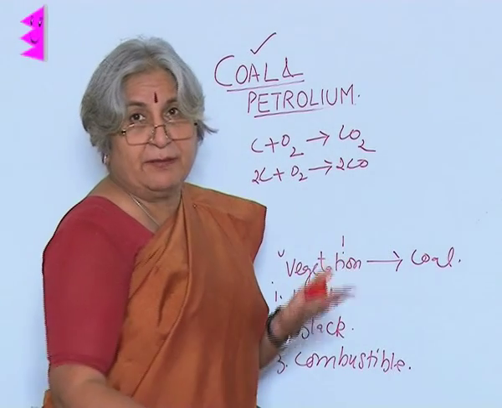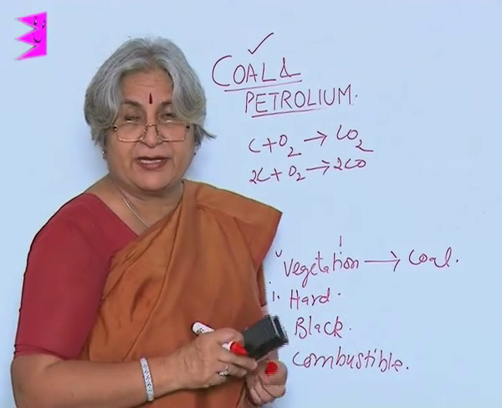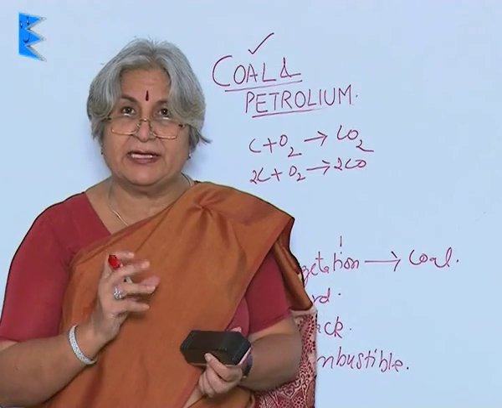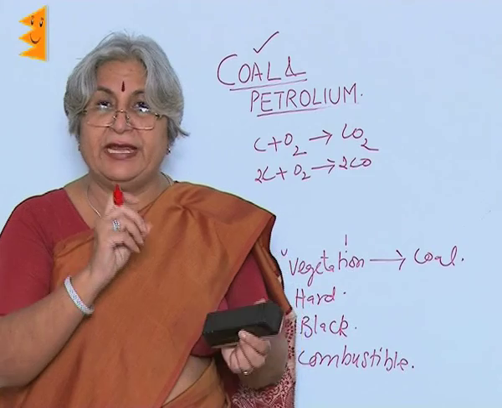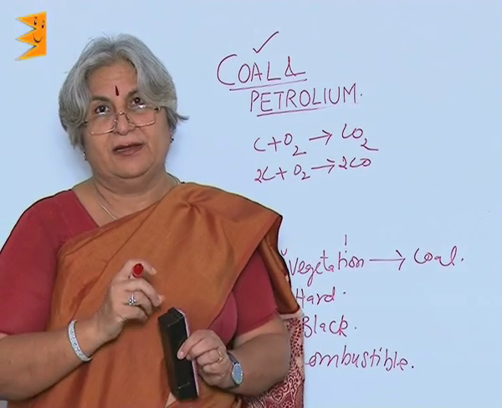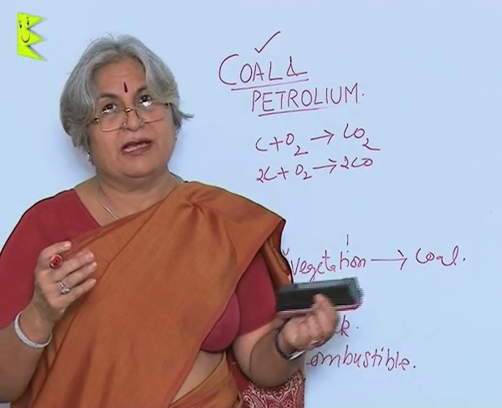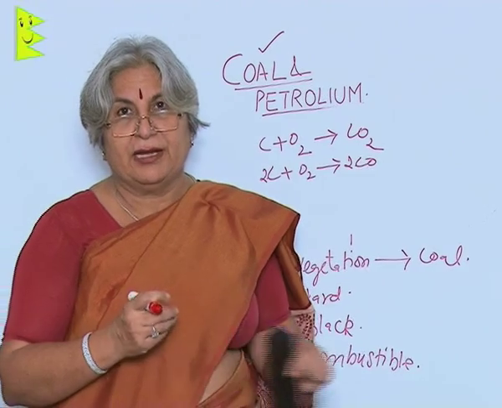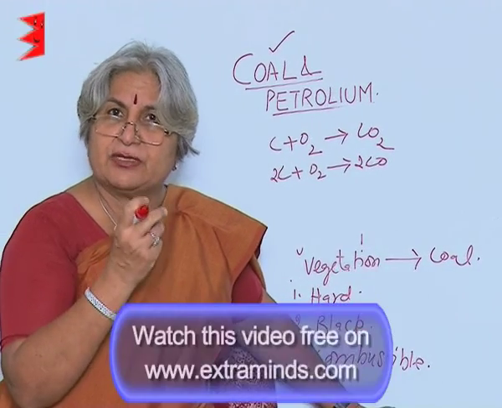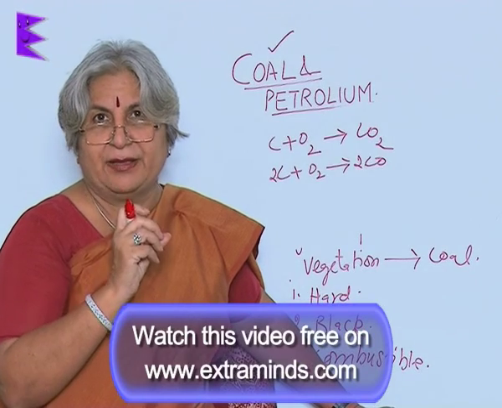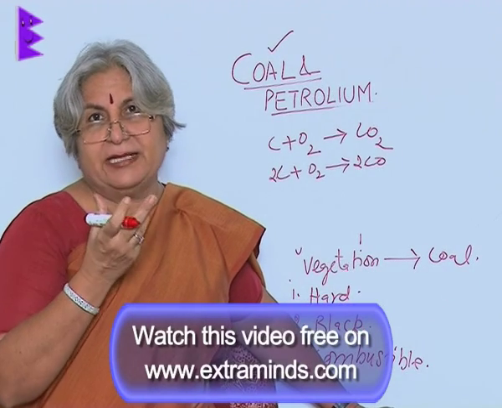So because it can burn, it produces lot of heat. You know, when anything burns, it produces energy, and this energy can be in the form of heat and light. Sometimes heat is more, sometimes light is more. For example, if you burn a candle, the heat produced is there but less, but the light is produced.